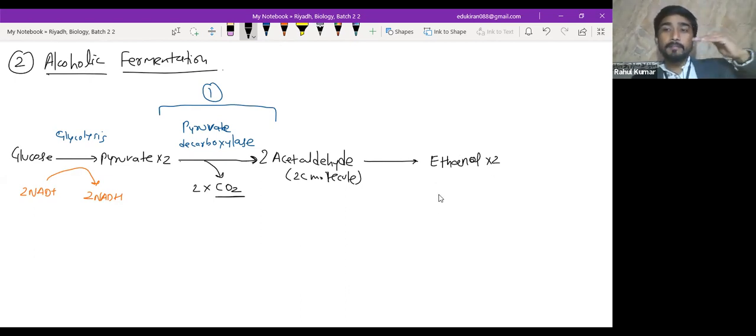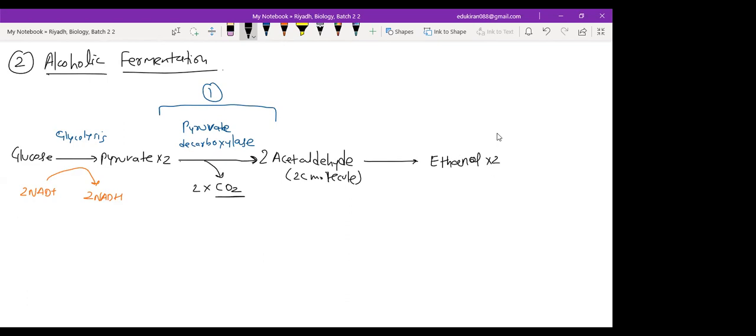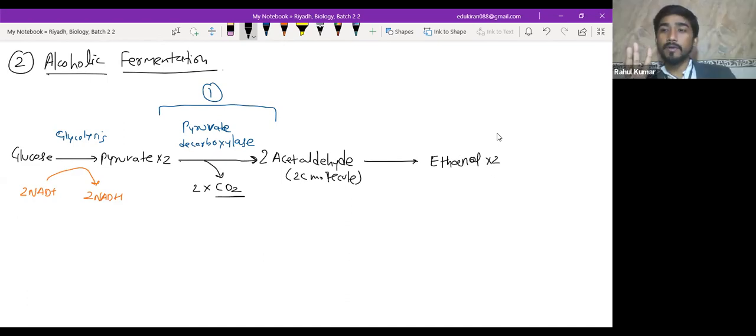Remember meth, eth, prop, bute, pent, hex. Methanol has 1 carbon. It's also called formic acid. Then ethanol has 2 carbon. Propanol has 3. Butanol has 4. Write this. So ethanol is again a 2 carbon molecule. I'm writing it 2C molecule. So which means we have not lost a carbon.